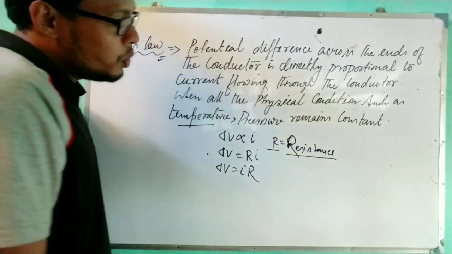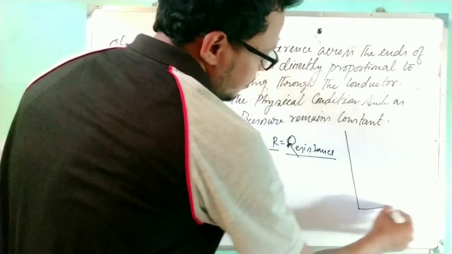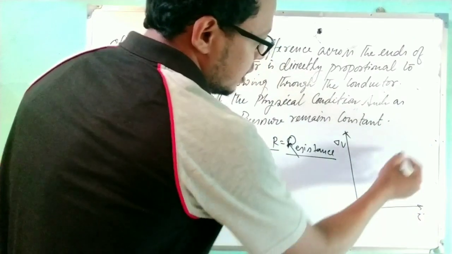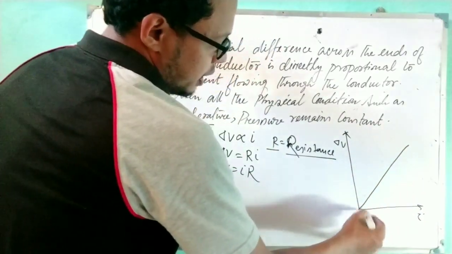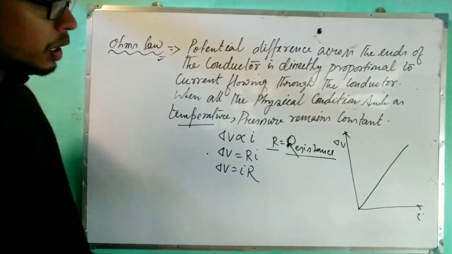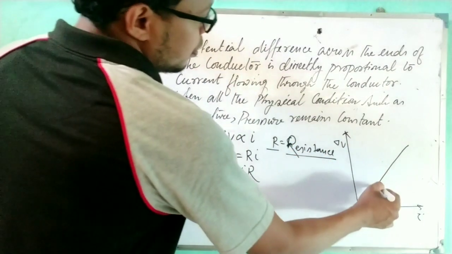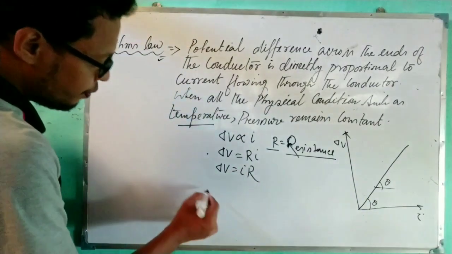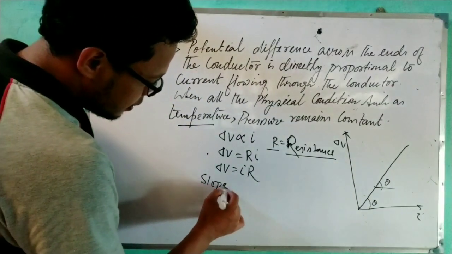Okay. So if we draw the graph of V versus I, del V versus I, then the graph will be a straight line. If we want to find the slope, suppose the angle is theta, then the slope will be tan theta.